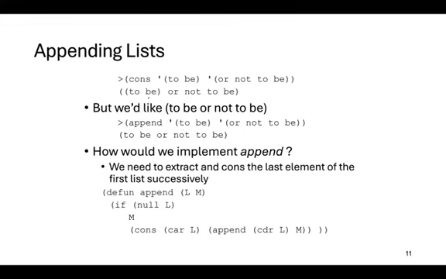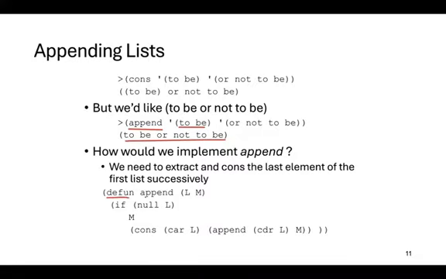So we want to do appending in a different way. When we append to be or not to be, we're going to take to be, and then this whole thing is one list. So how would we do this? We basically implement the function append itself. To implement append, we need to extract and construct the elements of the first list successively. So we can use our car and cdr functions to help us with that.